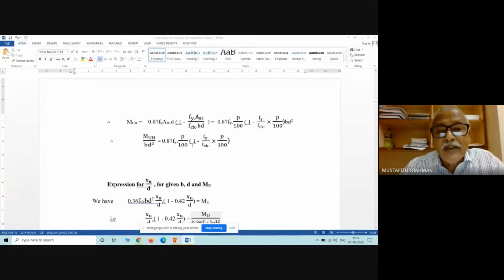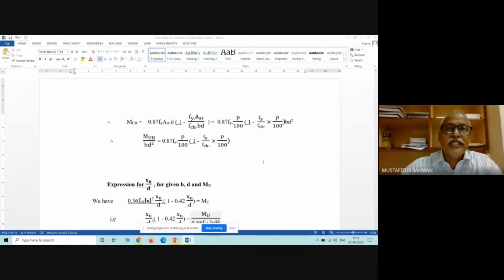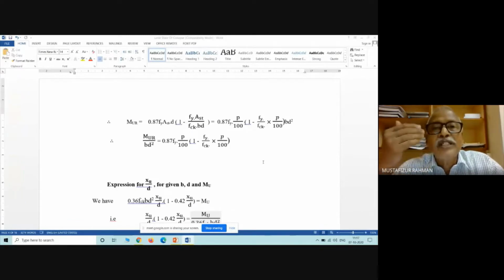Now Fy, fck we can assume ourselves. As per code, if it is a structural member, the value of fck should be taken as M25 or above. But if it is a light structure, a small structure, say a two-storied or three-storied building, then we can utilize M20 also.